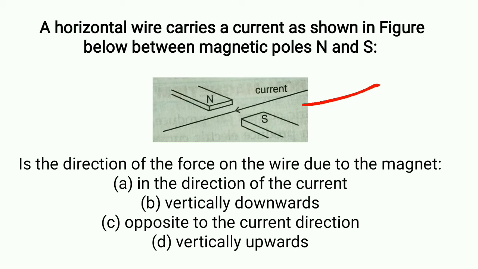Option C, opposite to the current direction. Option D, vertically upwards. As the current carrying conductor is kept between the poles of a magnet, apply Fleming's left hand rule and you will get the direction of force on the wire: vertically upwards. Option D is the correct answer.